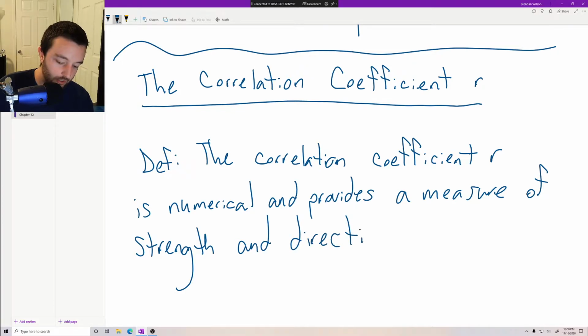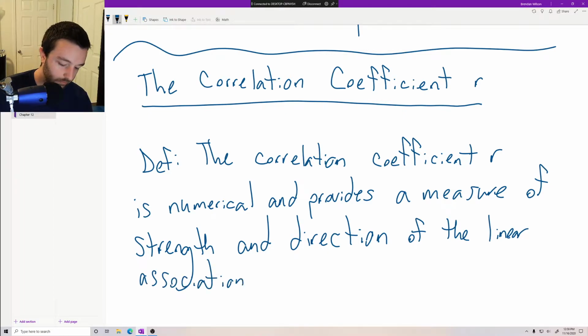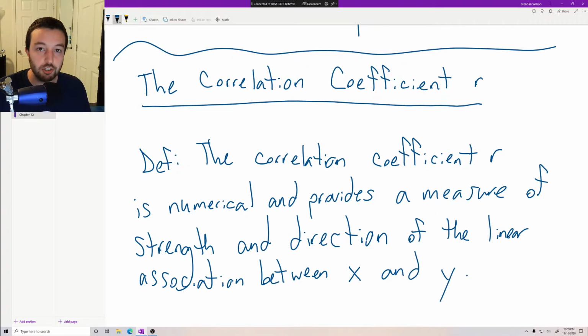So this is essentially, is your line going upwards or downwards? We would say they're either positively or negatively correlated, which we'll see in a minute. Of the linear association between X and Y. Or more generally, the independent variable and the dependent variable.